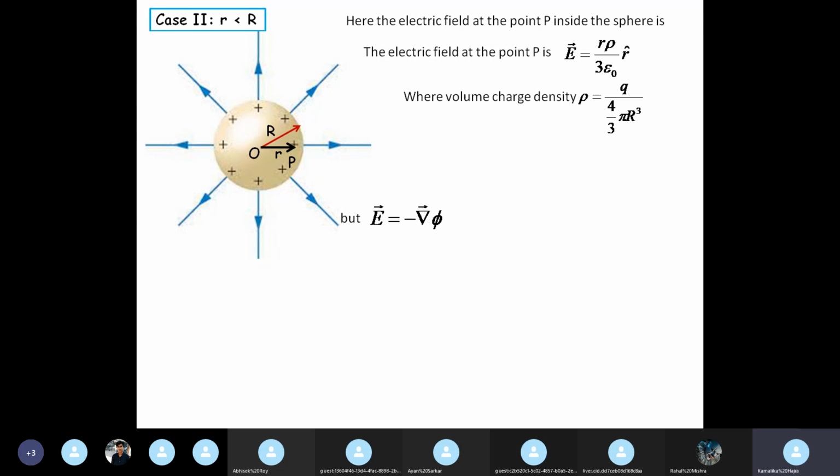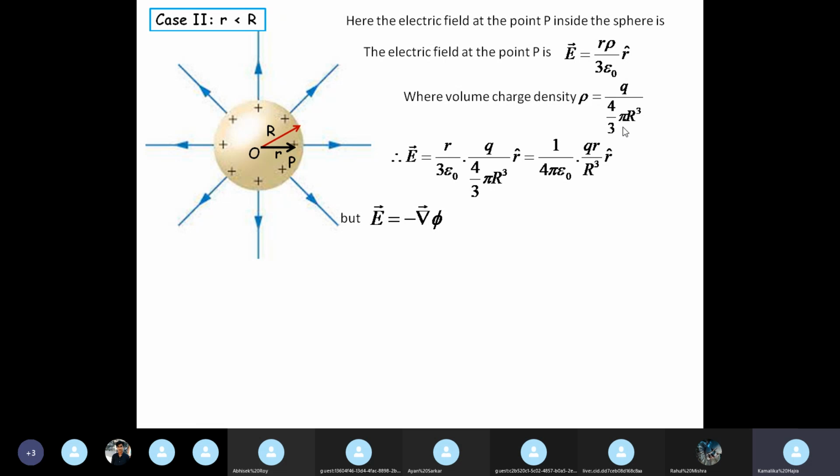And if you remember, inside the sphere we had obtained E equal to r rho by 3 epsilon naught into r cap, where rho is the volume charge density given by q by 4/3 pi capital R cube, charge per unit volume. Total volume of the sphere is 4/3 pi R cube. Total charge on the sphere is q, so volume charge density rho is given by q by 4/3 pi R cube.